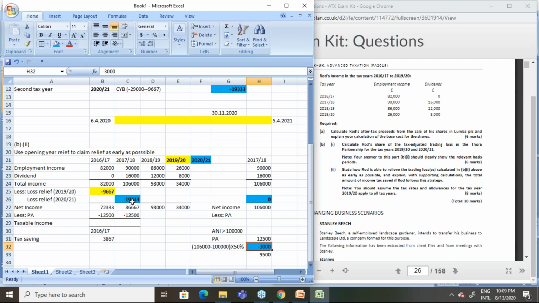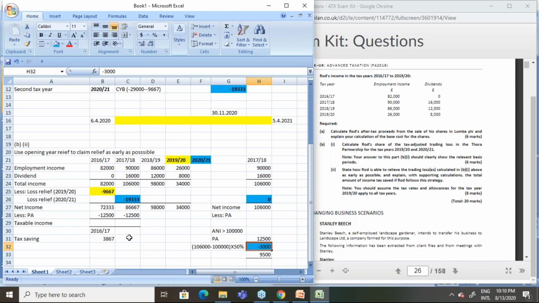So on this 19,333, I am now in a position to get a tax saving at the rate of 40% as a higher rate taxpayer. And the other benefit is that my personal allowance now increased by £3,000. Again, I get a tax saving at the rate of 40%.